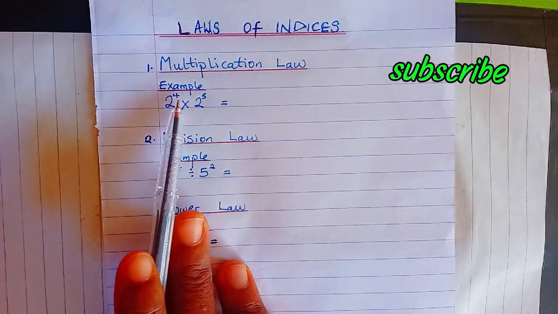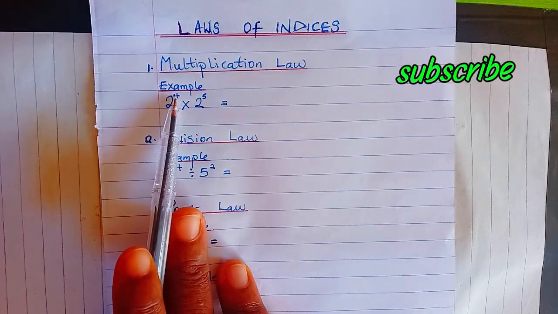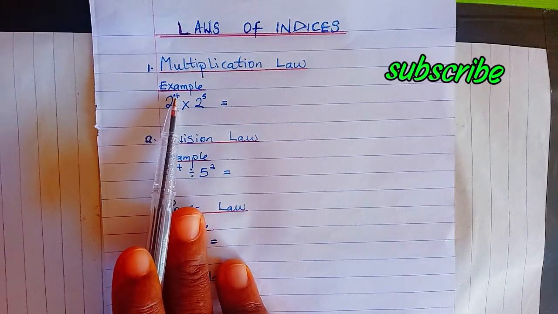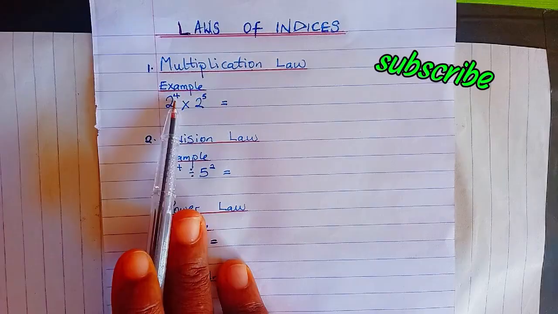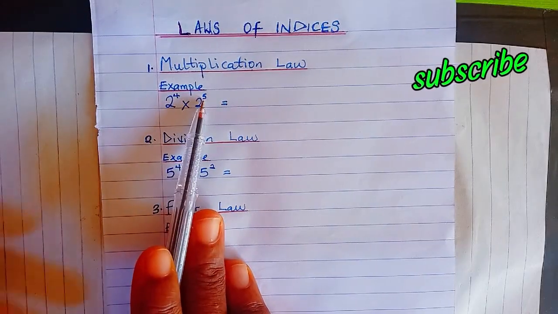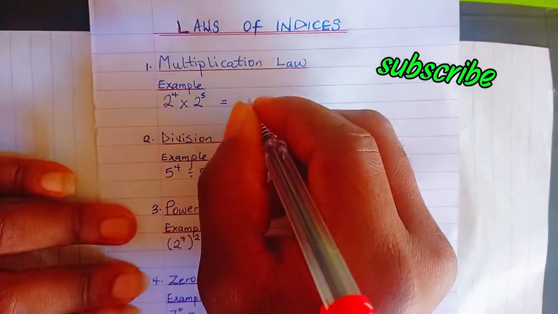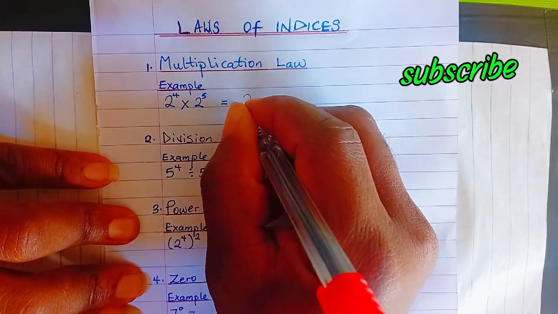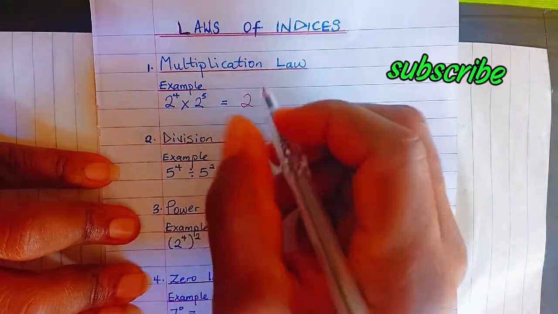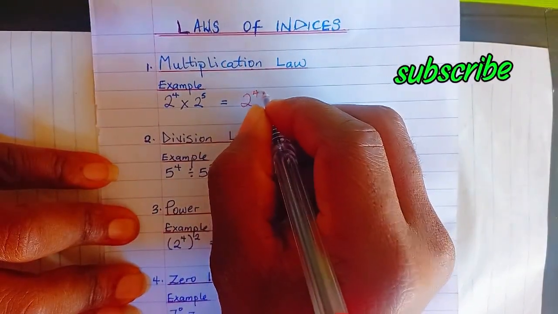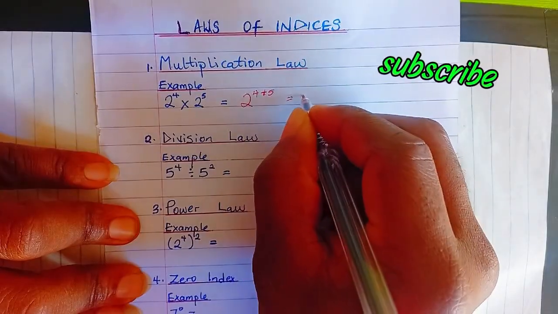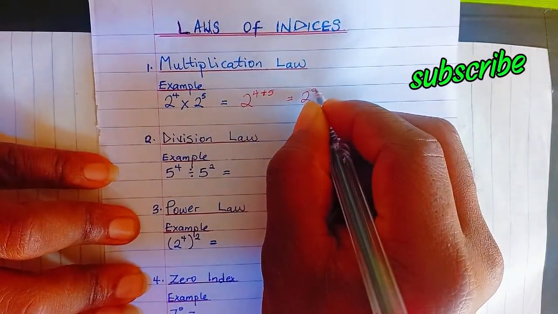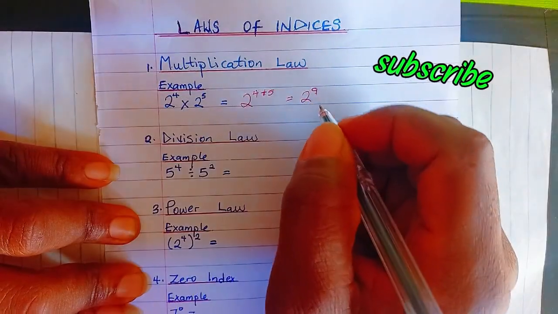The index for this one is 4, while for this one is 5. So we are adding these two. So we're going to have 2, that is the base, to the power 4 plus 5, which will give us 2 raised to power 9.